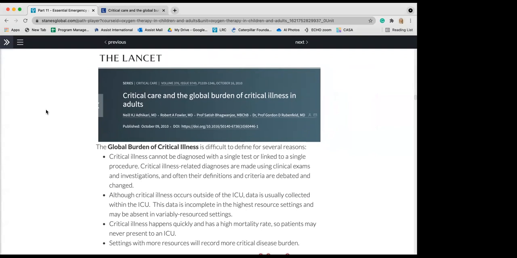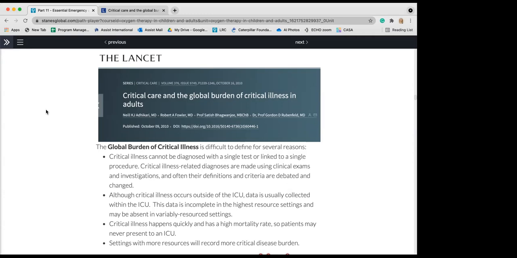Reason number one, critical illness cannot be diagnosed with a single test or linked to a single procedure. Critical illness related diagnoses are made using clinical exams and investigation. Often their definition and criteria are debated and changed.